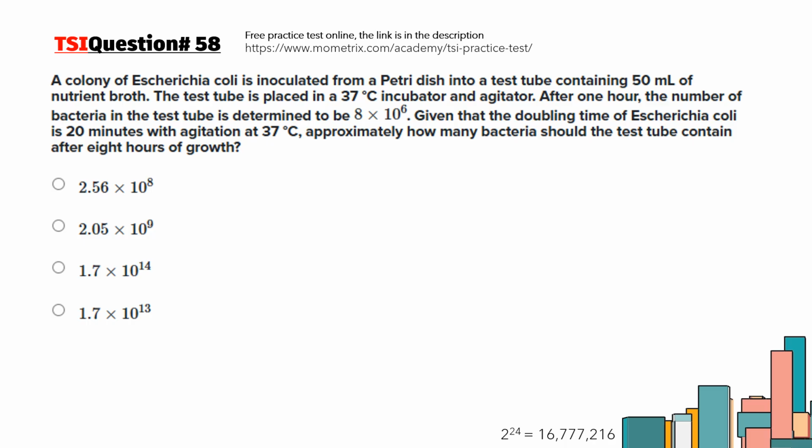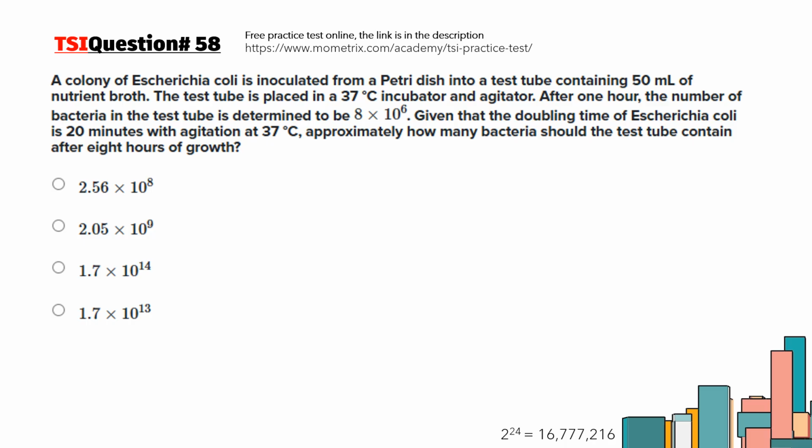A colony of Escherichia coli is inoculated from a petri dish into a test tube containing 50 milliliters of nutritious broth. The test tube is placed in a 37 degrees Celsius incubator and agitator.